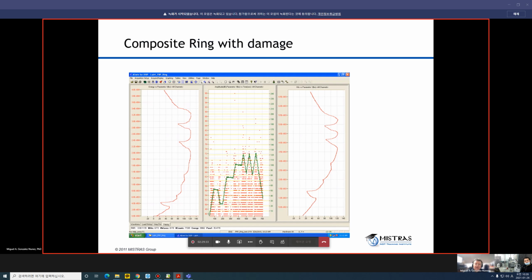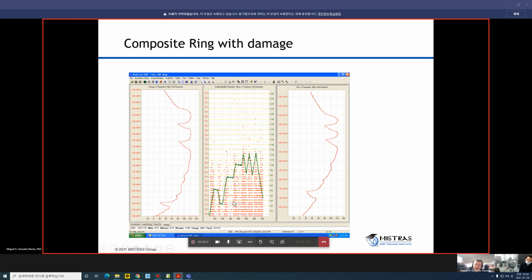This is another example of a composite ring with damage. This is the Felicity plot, and you see there is nowhere where the accumulation stops or decreases. It is increasing all over the plot. So again, this is the load, and this is the energy release. And this is the load schedule. You see it's completely flooded with acoustic emission signals. It doesn't matter if we are increasing the load, holding the load, or unloading.